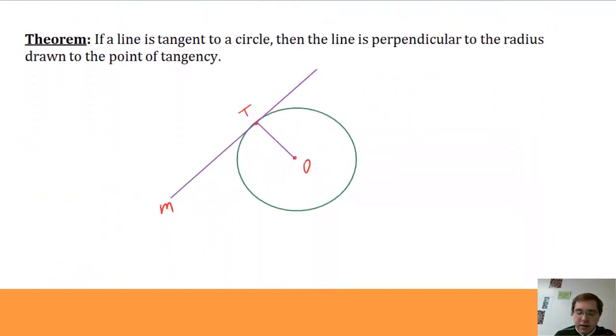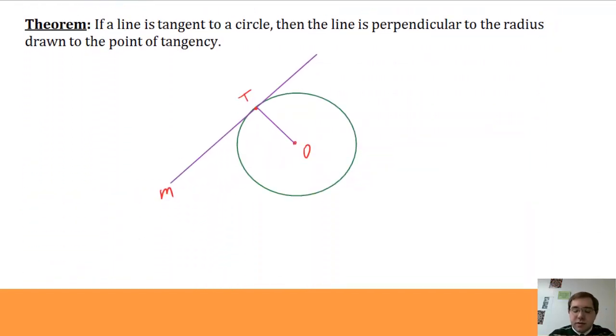But that's our first theorem today. If a line is tangent to a circle, then the line is perpendicular to the radius drawn to that point of tangency. Remember, we can draw an infinite number of radii within the circle. If we draw the specific one that goes from the center to the point of tangency, then that one is perpendicular to the tangent line.